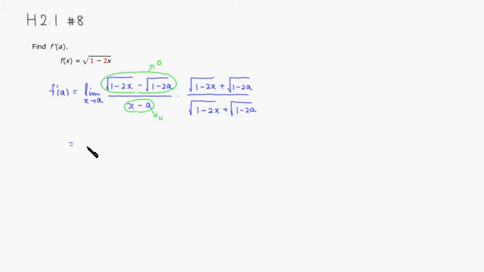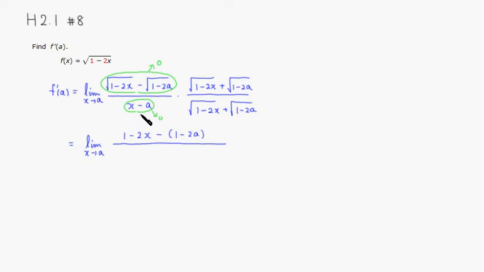So you're going to have a limit as x approaches a. And the numerator, since we have a minus b times a plus b, gives a squared, so the square root is gone. You have 1 minus 2x minus b squared, so the square root is gone, so it's 1 minus 2a.